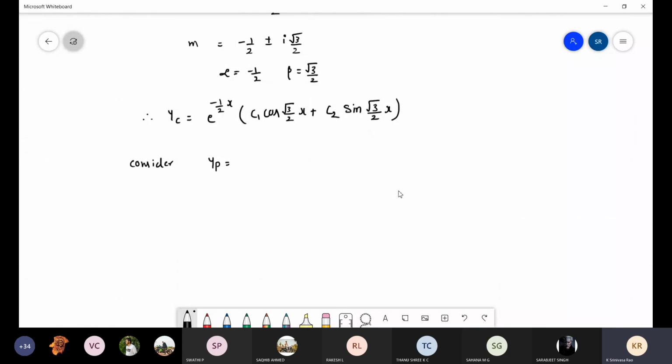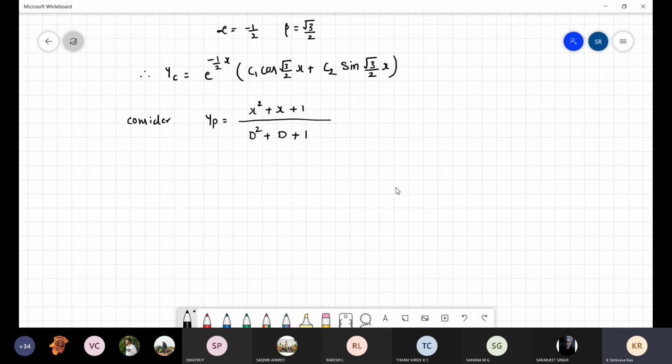Write that down first: Yp equals x square plus x plus 1 divided by D square plus D plus 1. I have to cancel the numerator using the denominator, like in a division way. That procedure I will tell you.